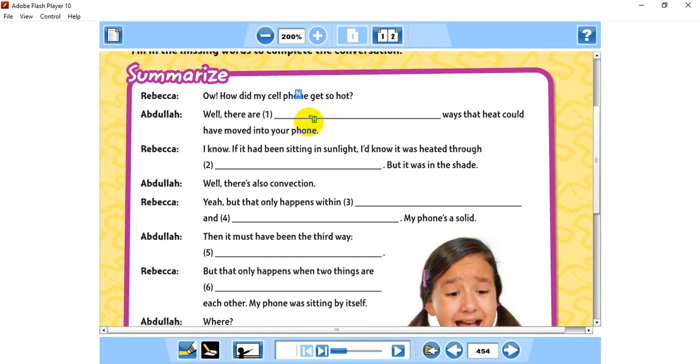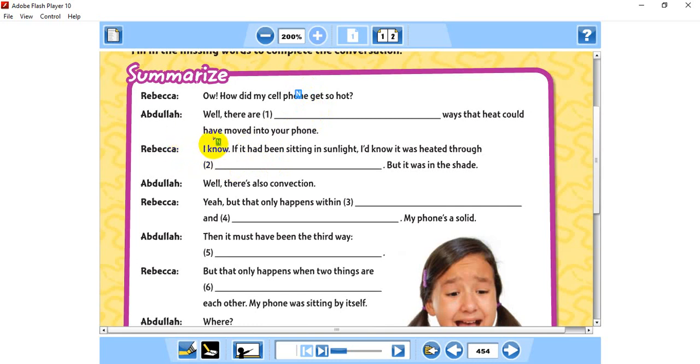From the waves coming from the main center, or from anywhere, from a heat or wave source to your phone. That's what I mean about radiation. What about convection and conduction? Now we will learn where we can find convection or conduction in the mobile phone.